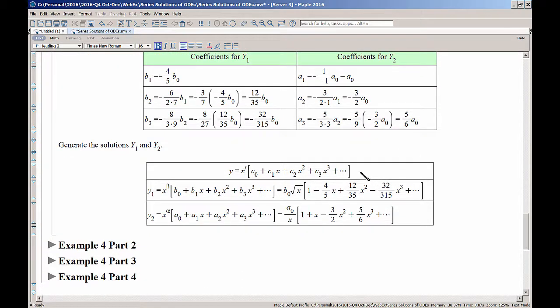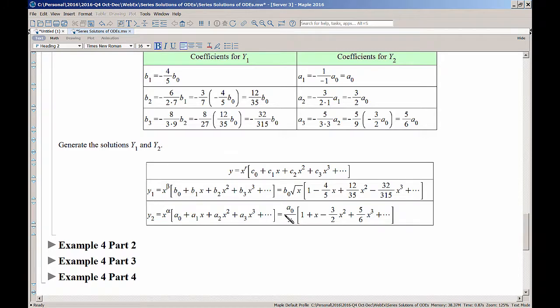Now, there are two solutions that we can write down based on this information. x to the beta, so that'll be x to the 1/2 or square root of x. Every term is a multiple of b0, so there's your b0, and then these are the numbers that we've generated: minus 4/5, 12/35, minus 32 over 315, etc. And for the other solution, r was minus 1, right?